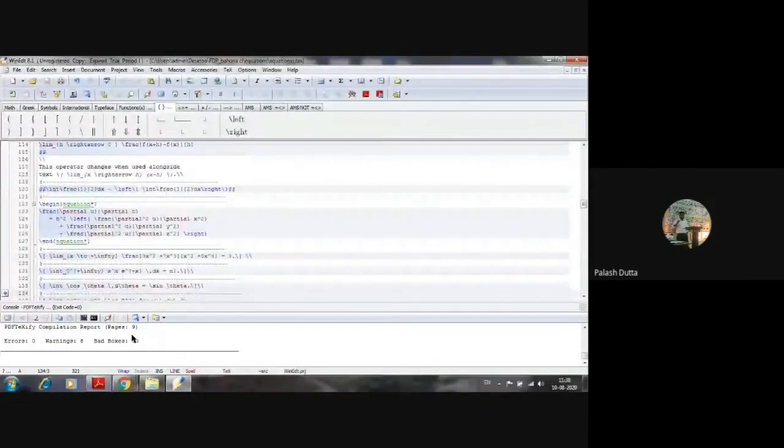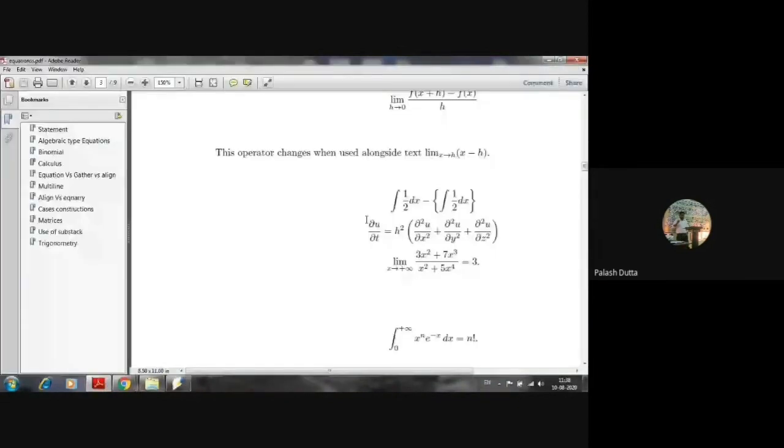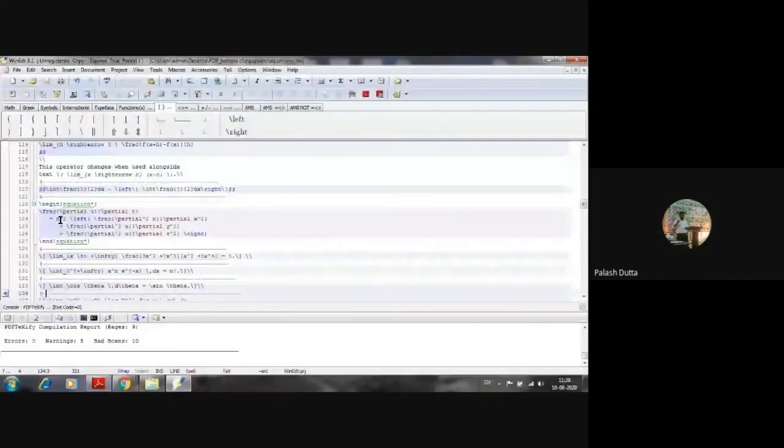Similarly, to obtain this expression, del u by del t equal to h square, we have to write this expression, right? Begin equation without numbering, right? It is very simple, we are using this here because we don't need any number. Frac, so partial u means del u will come, right?